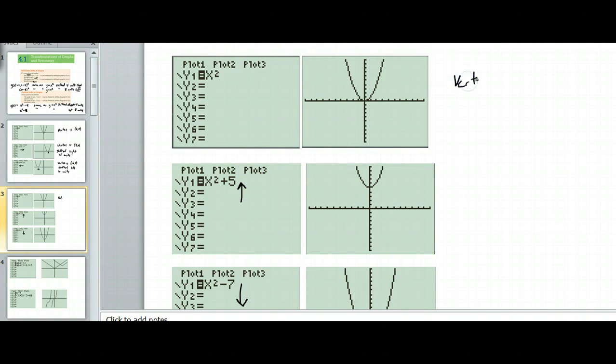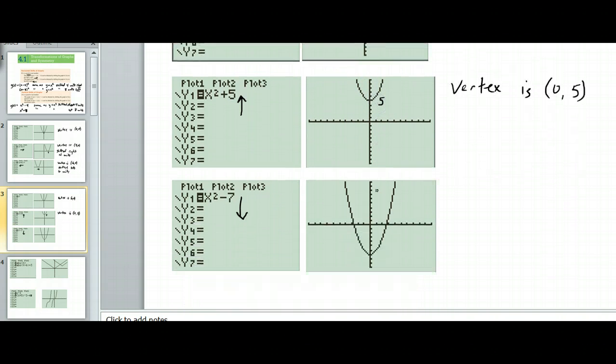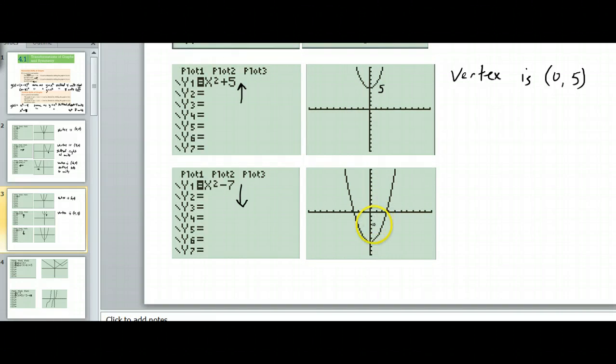Alright, so the vertex here again is at the origin. We didn't shift left or right, but this time we shifted up 5 units, so that vertex is 0, 5, 1, 2, 3, 4, 5. Alright, and then here we went down 1, 2, 3, 4, 5, 6, 7.